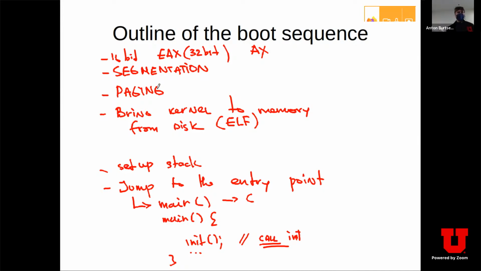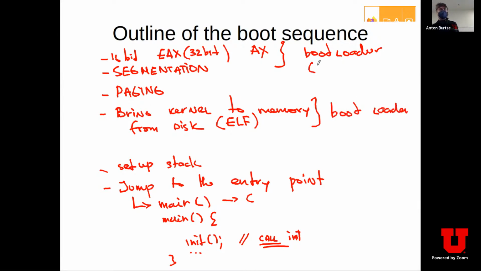So essentially, we will do a couple of things. We will set up segmentation inside the bootloader. We will load the kernel to memory, obviously from the bootloader as well. And this bootloader is the 512 bytes which we wrote into sector 0 of the disk, right?